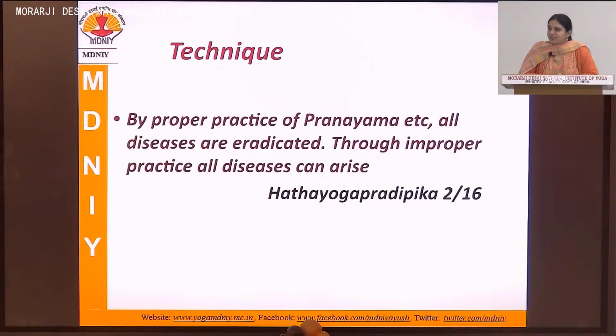Now the technique. By proper practice of pranayam, all diseases are eradicated. Through improper practice, all diseases can arise. So there is a shlok: pranayamen yuktena sarvarog kshayo bhavet, ayukta abhyasa yogena sarvarog samudbhava. By doing pranayam yuktena, with proper technique, sarvarog kshayo bhavet, all diseases get destroyed.